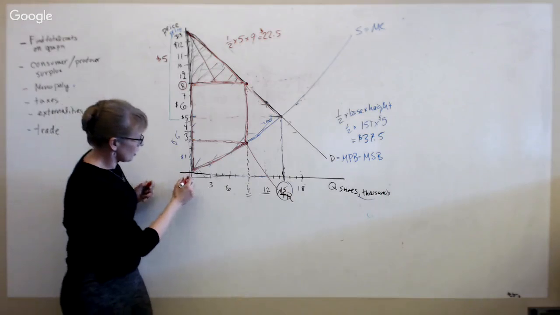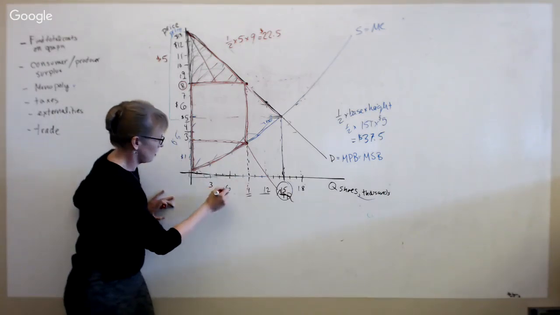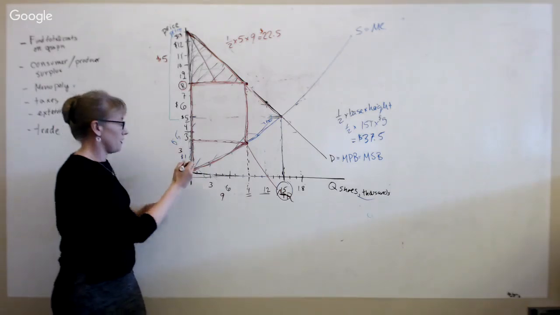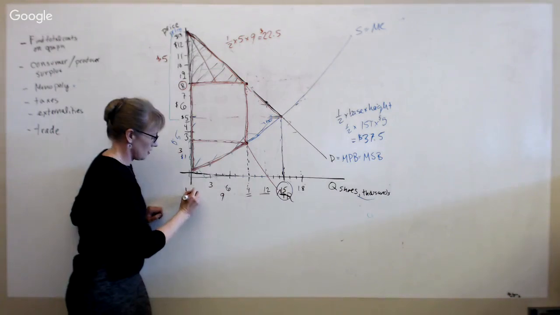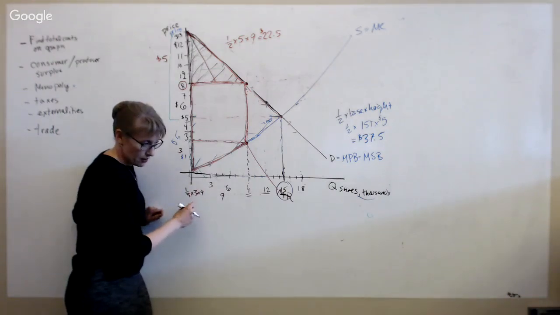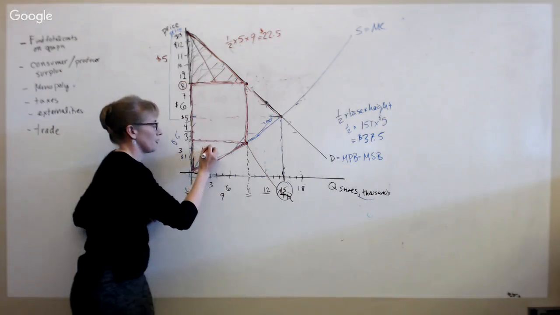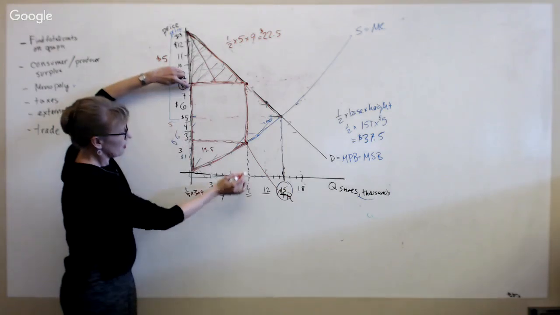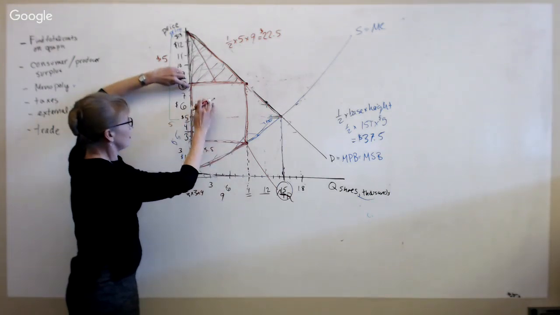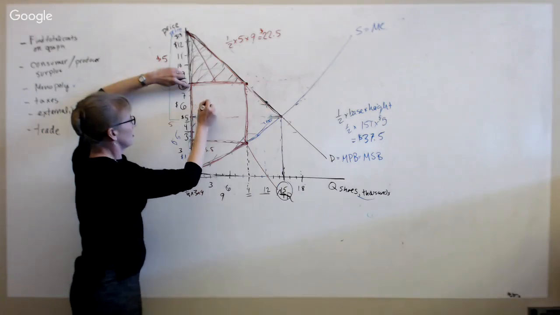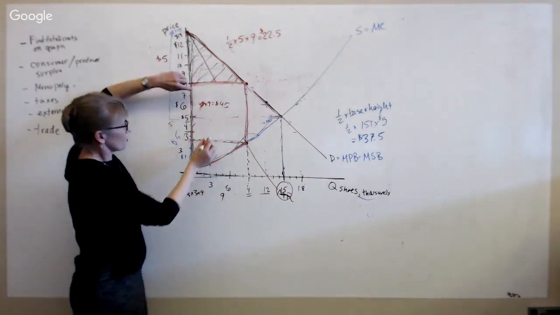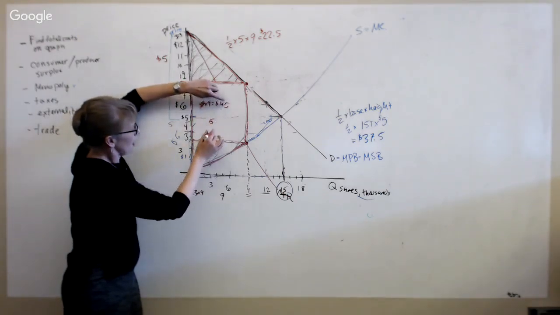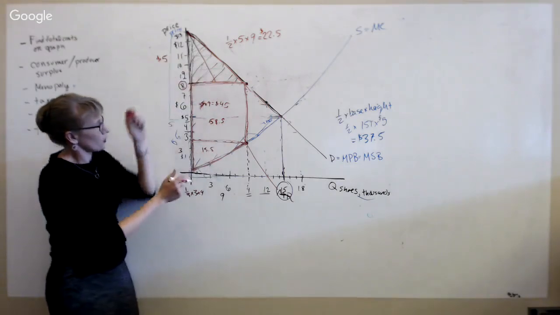This triangle is 9 by approximately 3. 1/2 of 3 times 9 is 1/2 of 27, that's 13.5. And then the area of this square right here is 5 times 9, is 45. So producer surplus is 58.5. So 45 plus 13.5.